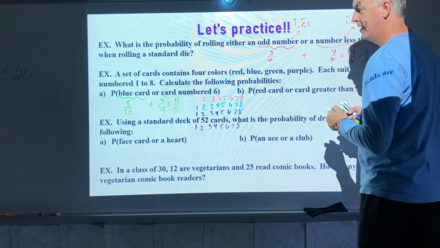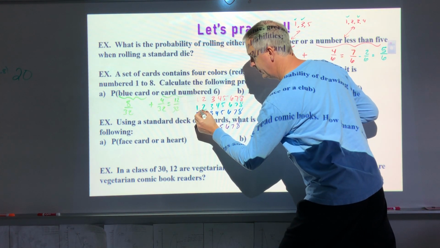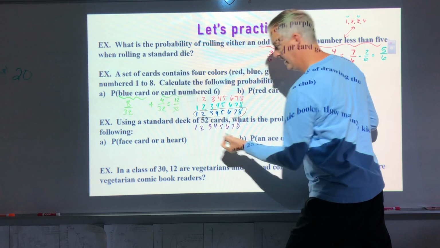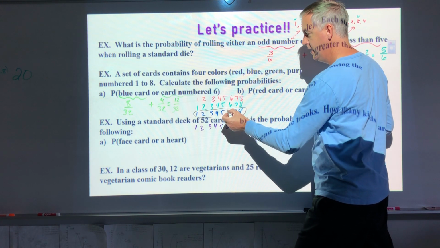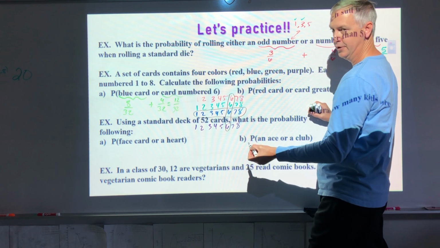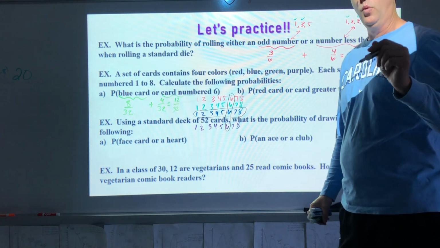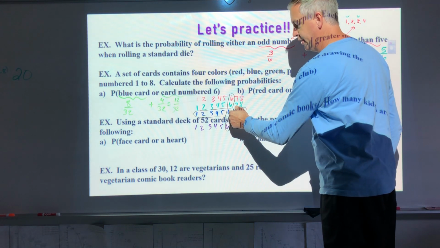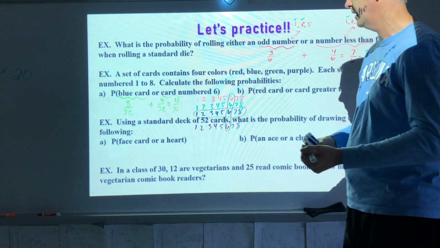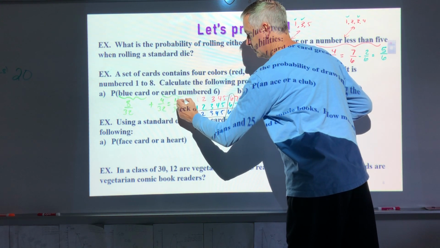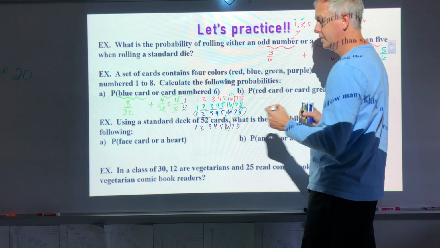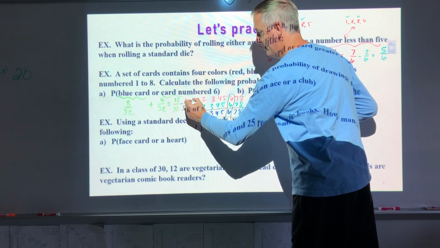Going back to the Venn diagram, here's all your blues, there's your 8 out of 32. Here's all your 6s, there's your 4 out of 32. Just like on the Venn diagram, the double circle, the intersection, the overlap, is what we have to subtract. So we have an overlap here of 1 out of 32. So the answer to this problem is 11 over 32.